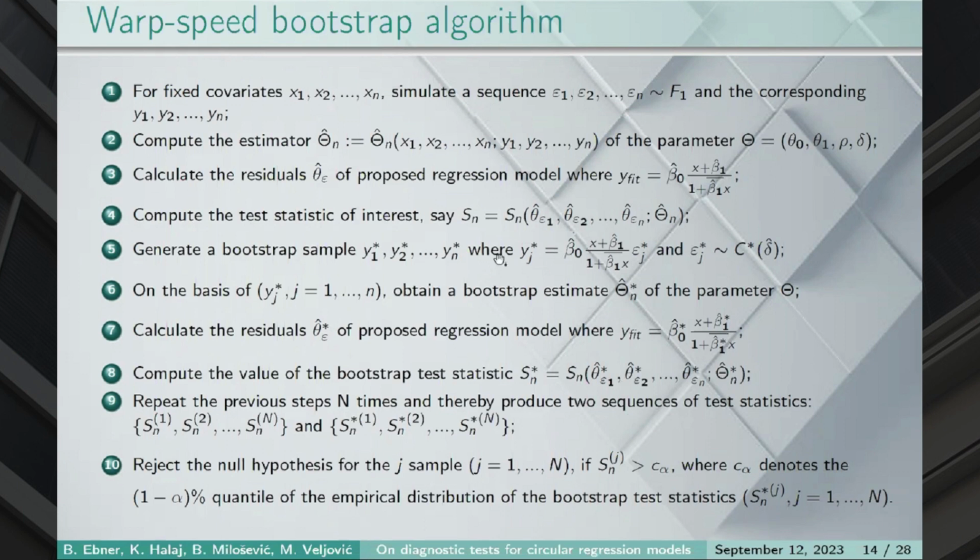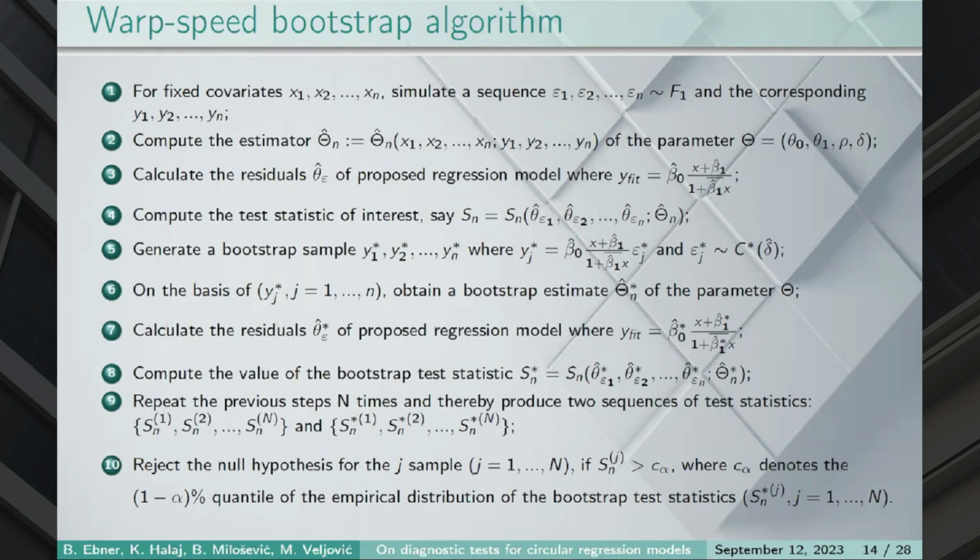After that, we can generate a bootstrap sample y star, where now the angular errors follow a wrapped Cauchy distribution with the estimated parameter. Based on those values, we can obtain bootstrap estimates of the unknown parameters, residuals, and the value of the bootstrap test statistic.